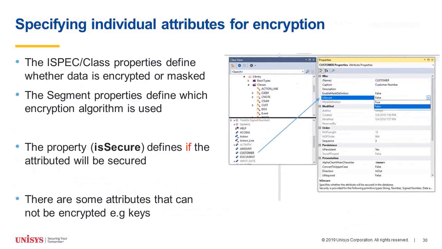And so to sum it all up, the ISPEC properties define whether data is encrypted or masked. The segment property defines which type of algorithm is used if you enable encryption. And then finally, the individual properties are set to define if that attribute will be secured.